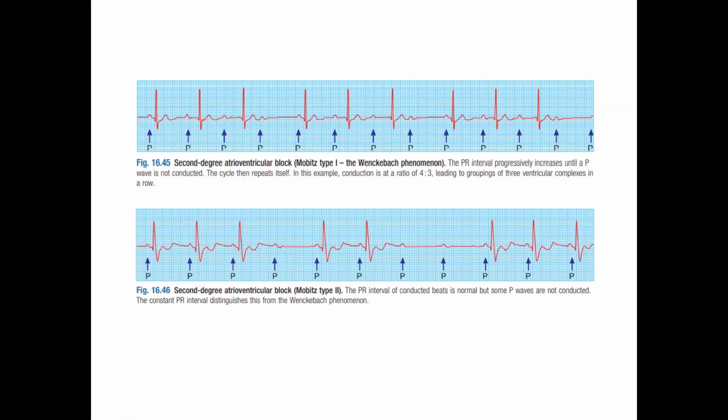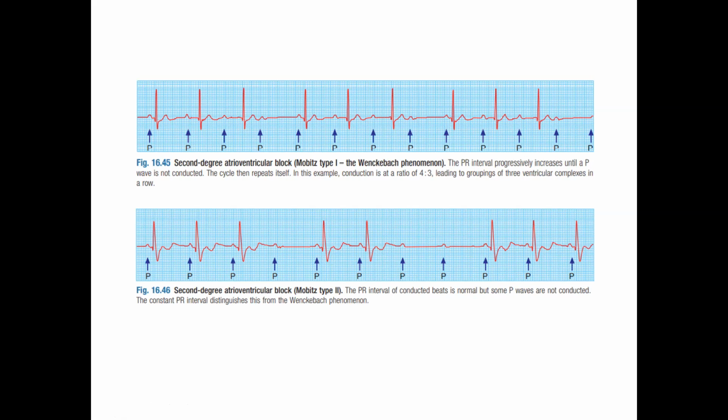Then this cycle repeats itself. This is known as Mobitz type 1 or Wenckebach phenomenon. The PR interval increases one by one, and then there is an absent beat. Again, the PR interval is increasing and again there is a dropped beat. So this is Mobitz type 1 or Wenckebach phenomenon.